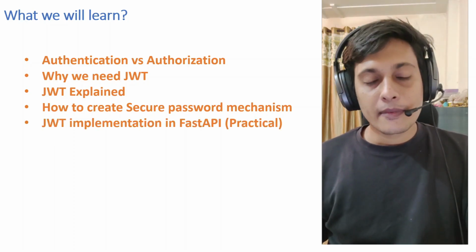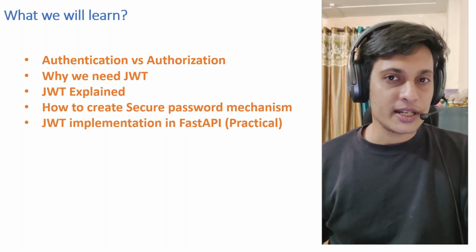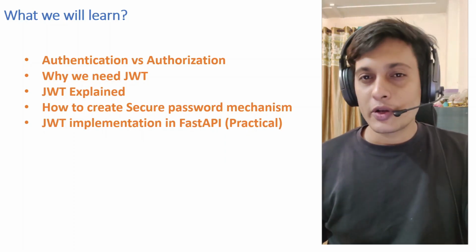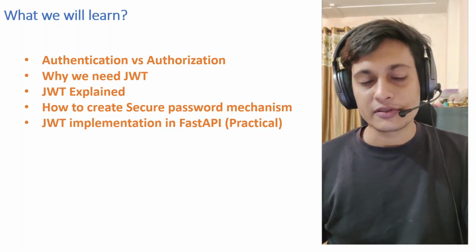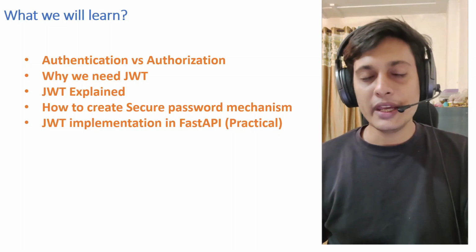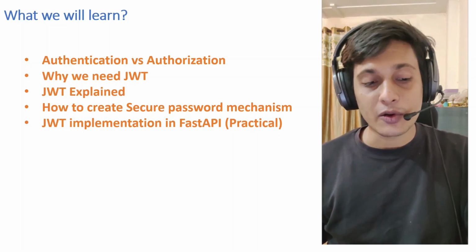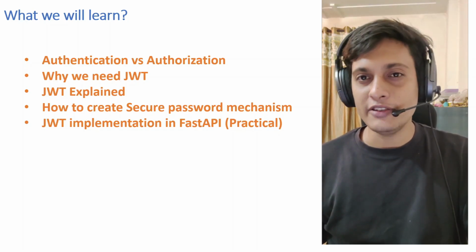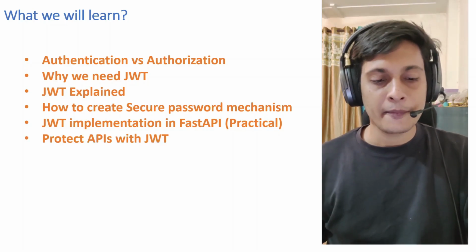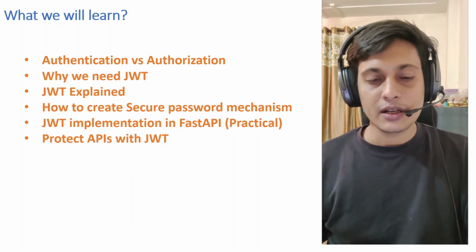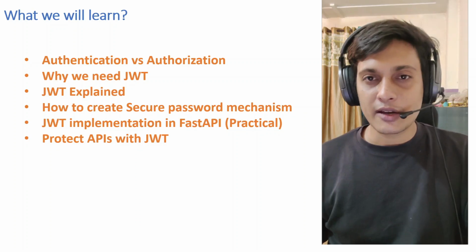For this, we will use the JWT, but we are also going to add a few more things while storing the password. But to make our application or APIs secure, we are going to implement this JWT for our FastAPI backend to protect our APIs. Okay, so this is the one part which we will cover in practical.